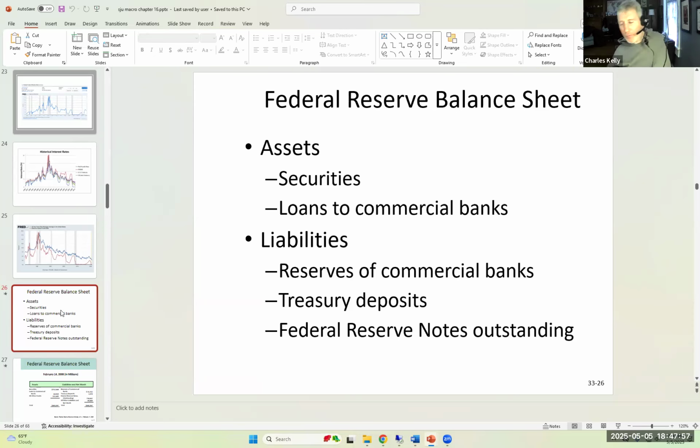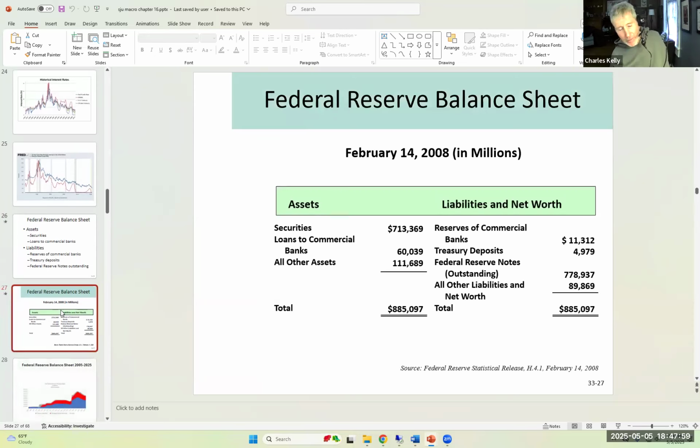So prior to the financial crisis of 2008, the housing collapse, the Great Recession, teaching monetary policy was very simple. Left-hand side, what does the Fed own? Primarily short-term government bonds. Right-hand side, what offset the amount of government bonds that the Fed held? Primarily cash, Federal Reserve notes outstanding.